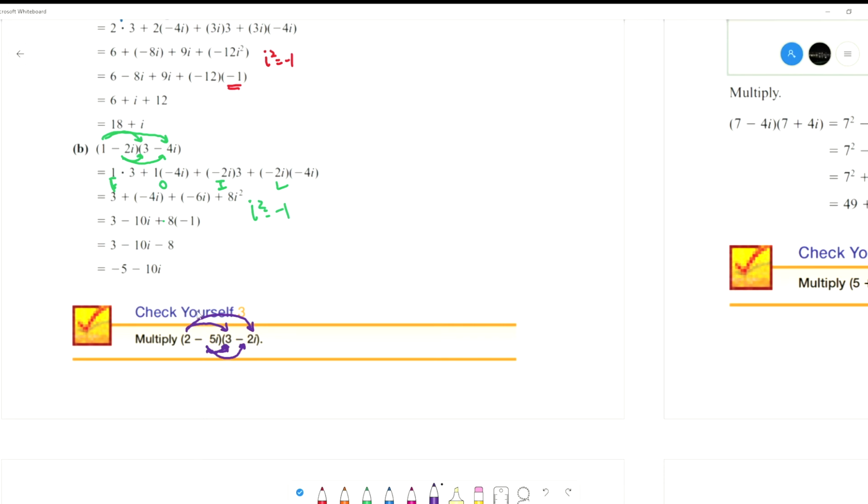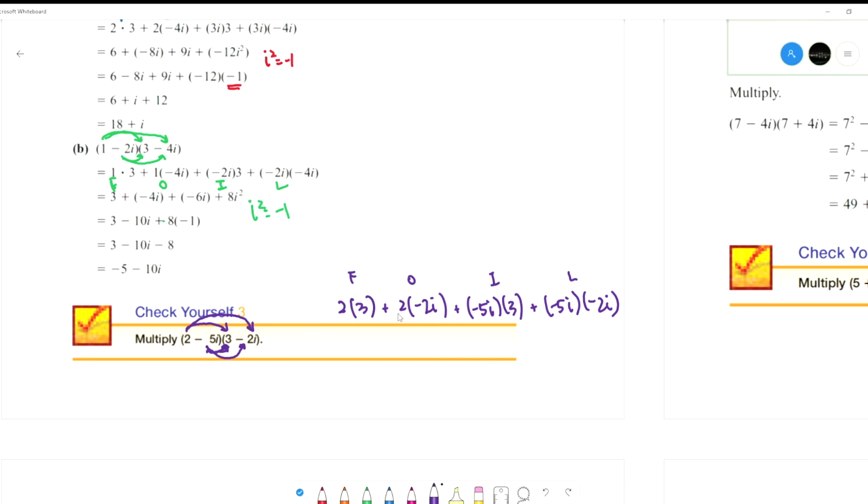So we have 2 times 3, right? Let me write down the steps here. 2 times 3 is my first, plus 2 times negative 2i, plus negative 5i times 3, plus negative 5i times negative 2i. That's my first, my outer, my inner, and my last.